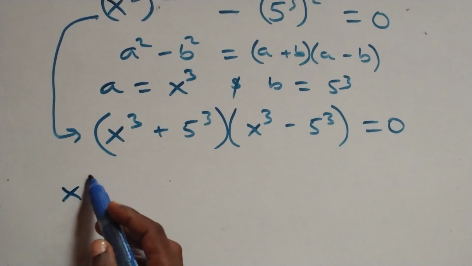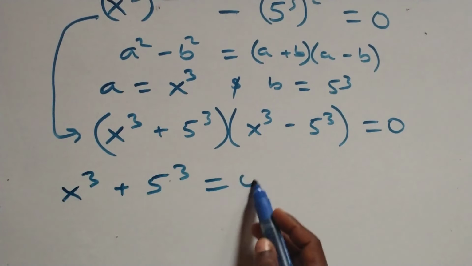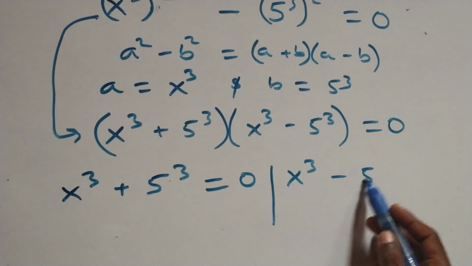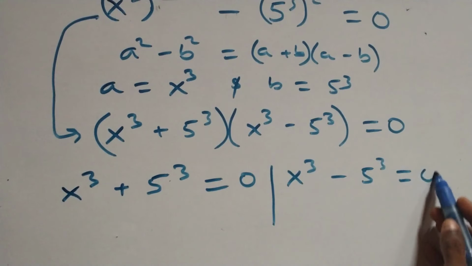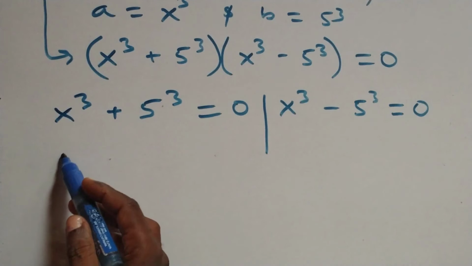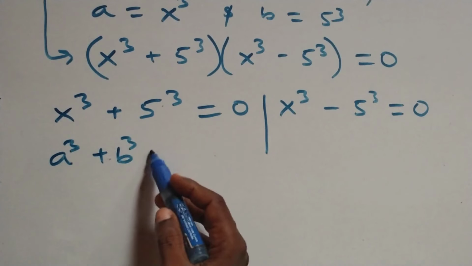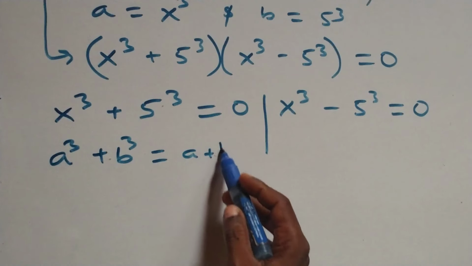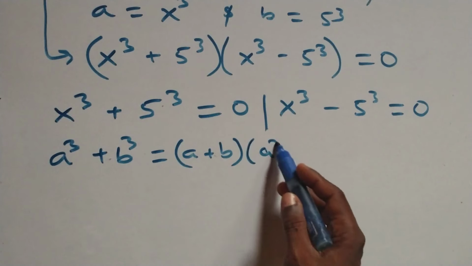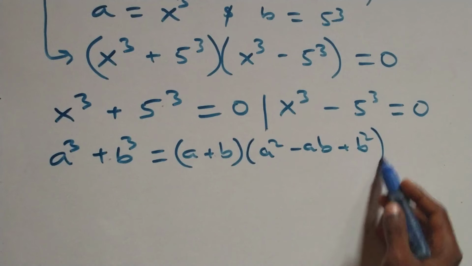First one, x raised to power 3 plus 5 raised to power 3 equals 0, or we have x raised to power 3 minus 5 raised to power 3 equals 0 here. Then solving on this side, here follows when we have a raised to power 3 plus b raised to power 3, which is the same thing as a plus b into brackets, then open bracket a square minus ab plus b square.